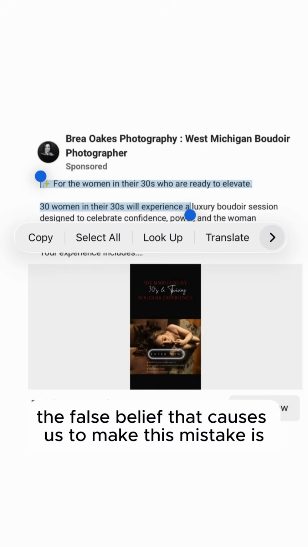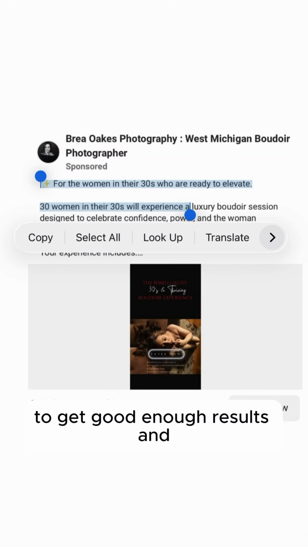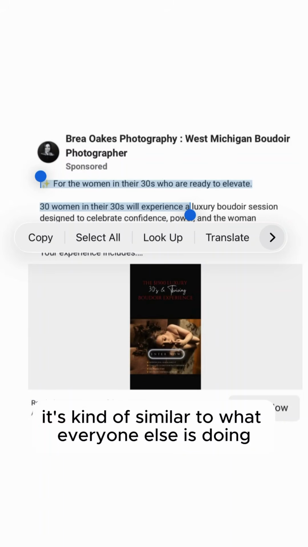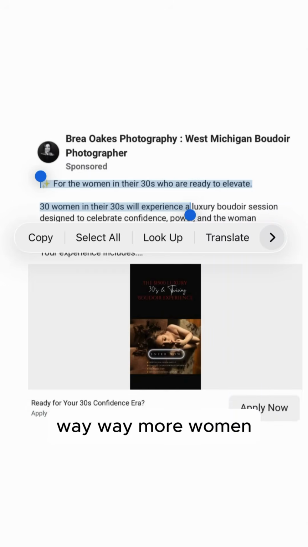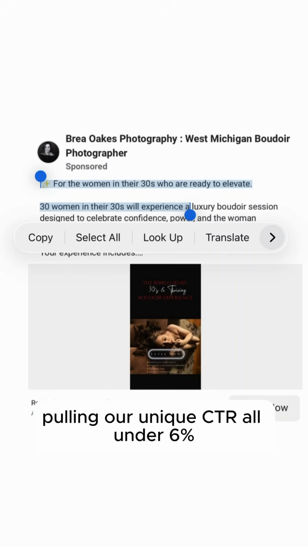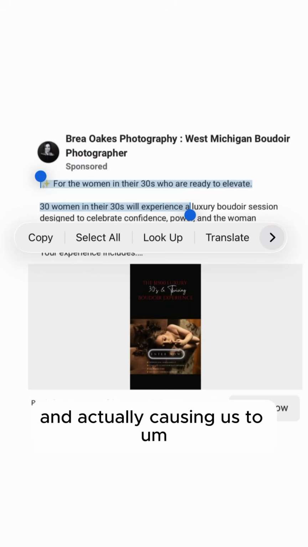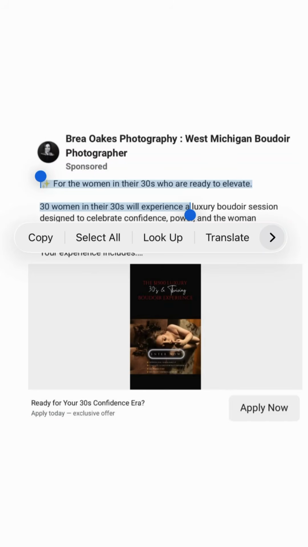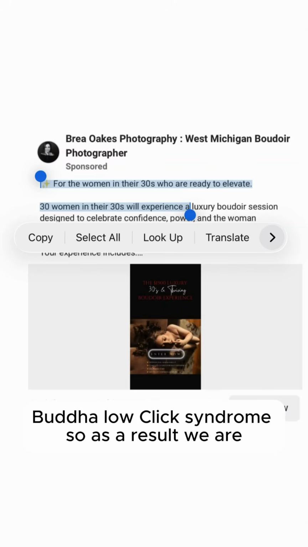The false belief that causes us to make this mistake is we believe we've provided a good enough headline to get good enough results, and it's kind of similar to what everyone else is doing. But the consequence of this is way more women scrolling by our Boudoir Facebook ad than necessary, pulling our unique CTR under 6%, and causing a higher probability of having BLCS, Boudoir low click syndrome.